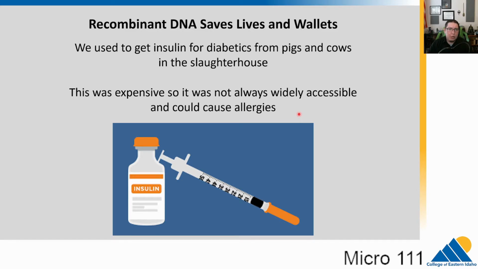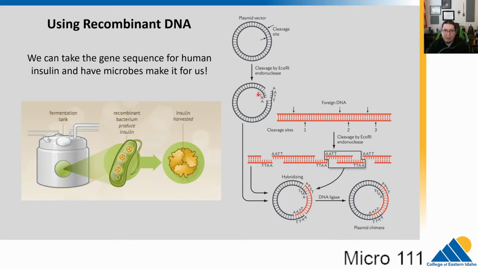All right, here's where recombinant DNA comes in to save the day. In the late 80s, people realized that they could take the gene sequence, the DNA sequence for human insulin, and put it into a plasmid. They could take this plasmid and put it into E. coli. We grow those E. coli in a big what's called a bioreactor, and the E. coli make real human insulin, 100% identical to the insulin that you or I make, unless you're diabetic.